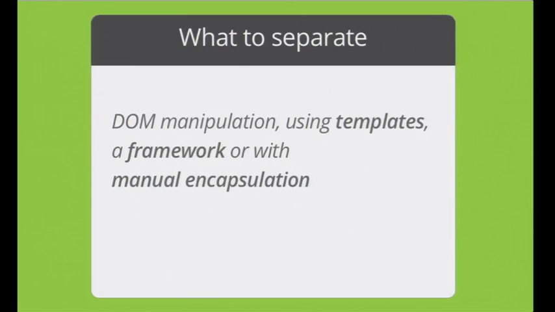You also want to separate DOM manipulation, and there are three main ways to do this. One is using templates, so there's a number of client-side templating engines. You can use a framework, so I like Knockout.js, Backbone, and you can also use manual encapsulation, of course.